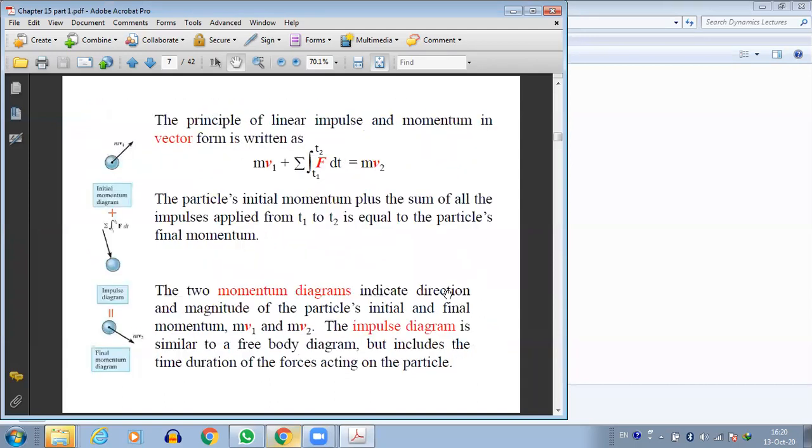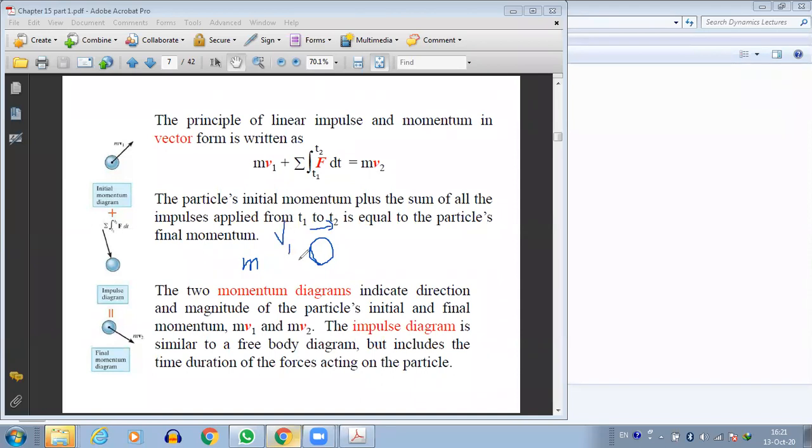Okay, you need to understand the formula here, and you need to understand what is happening. Let's say that I have an object with mass m, and let's say this object is initially moving at velocity v1.